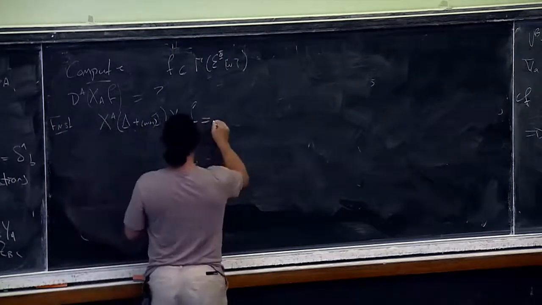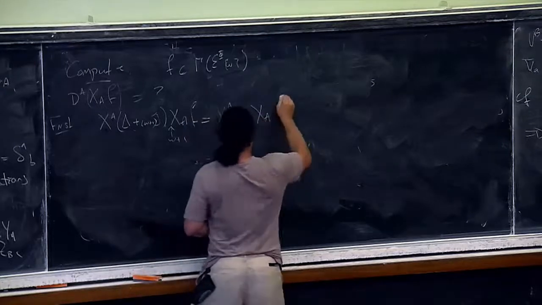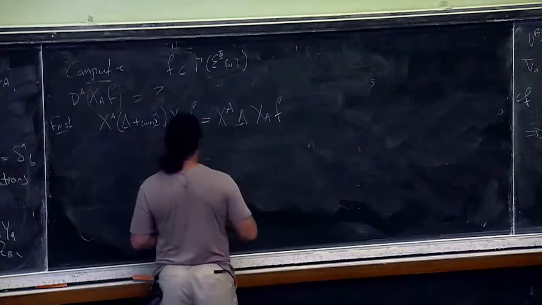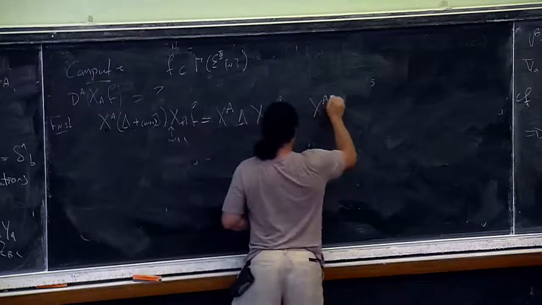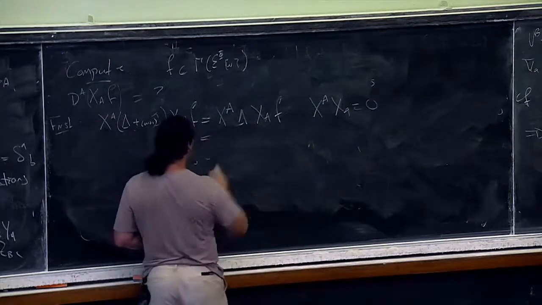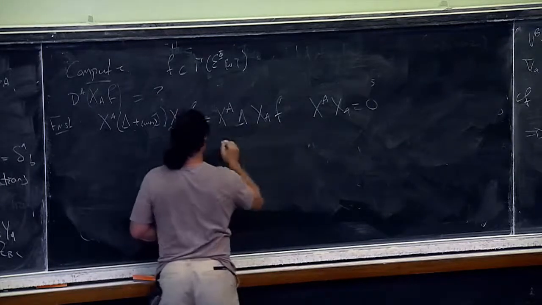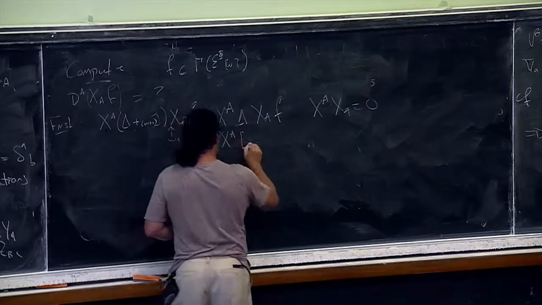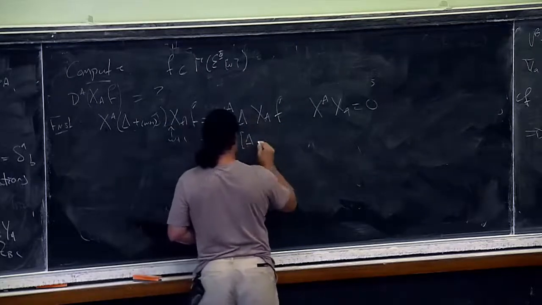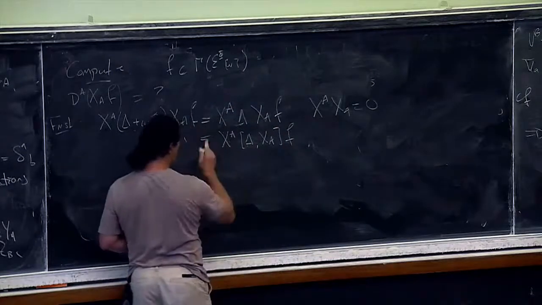So this is going to be equal to X_A Laplacian X_A F, where we used that X_A X^A equals 0. Now we use this again. So this is equal to X_A and then the commutator bracket of those things, because when the X hits the X, you get 0.